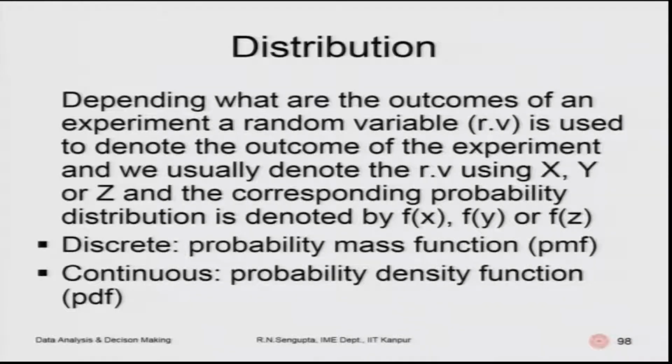So, this random variable, RV, would be used to denote the outcome of an experiment, and we will denote the random variable by a capital symbol, either capital X, capital Y or capital Z. The reason we use a capital letter is that it denotes the random variable which is unknown before we do the experiment, or while we are doing the experiment.